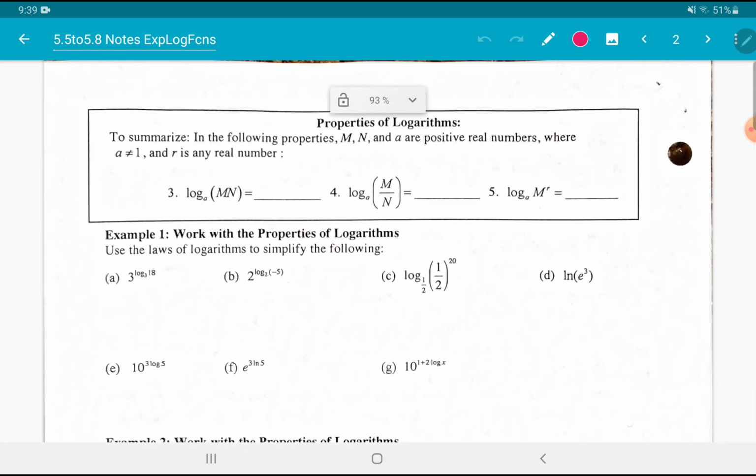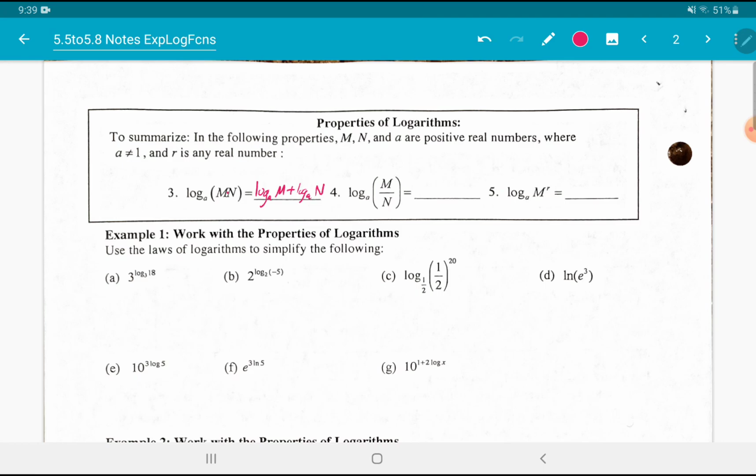So, using those three examples, what we can say now is that if you have an m times an n, log base a, it doesn't matter what base it is, but if you have two numbers being multiplied within the log, you can separate them into two separate logs: log base a of m plus log base a of n.